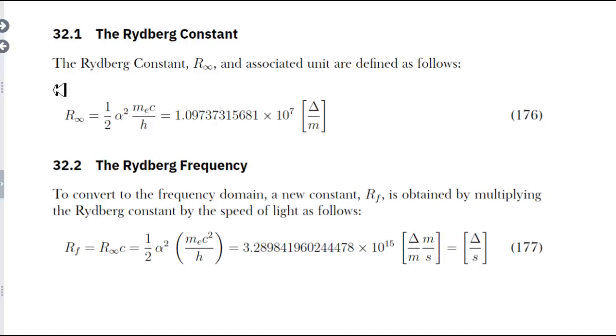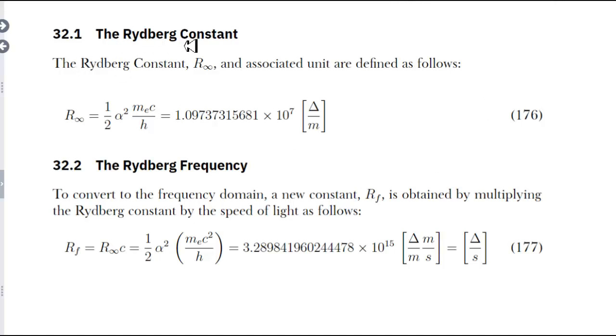So you can see that the Rydberg constant is equal to 1/2 alpha squared, where alpha is the fine structure constant, times the mass of the electron, times the speed of light, divided by Planck's constant. So this is how the Rydberg constant is mapped out.